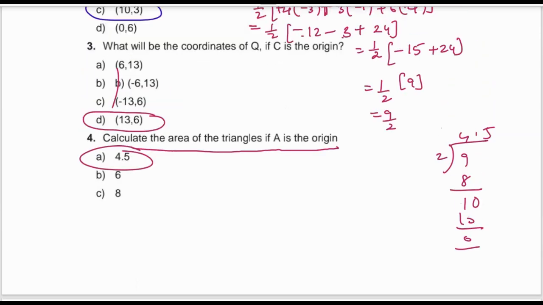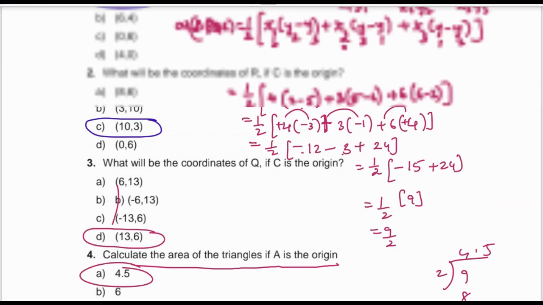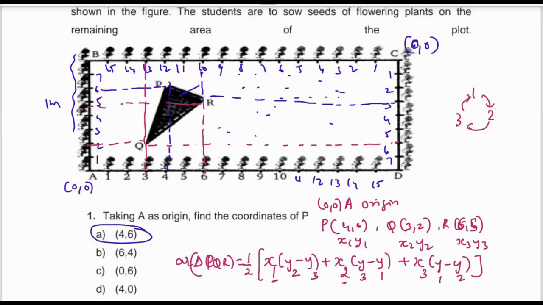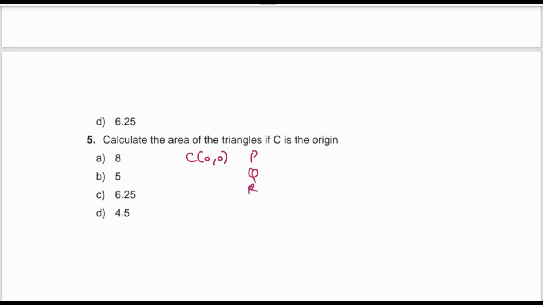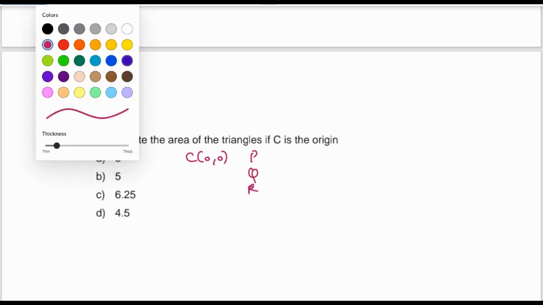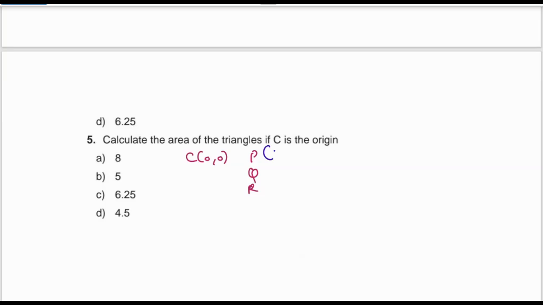P will be, from here, 12 comma 2, and the remaining we have already written. So we can write P as 12 comma 2. Then Q is already written, 13 comma 6, and R is 10 comma 3.